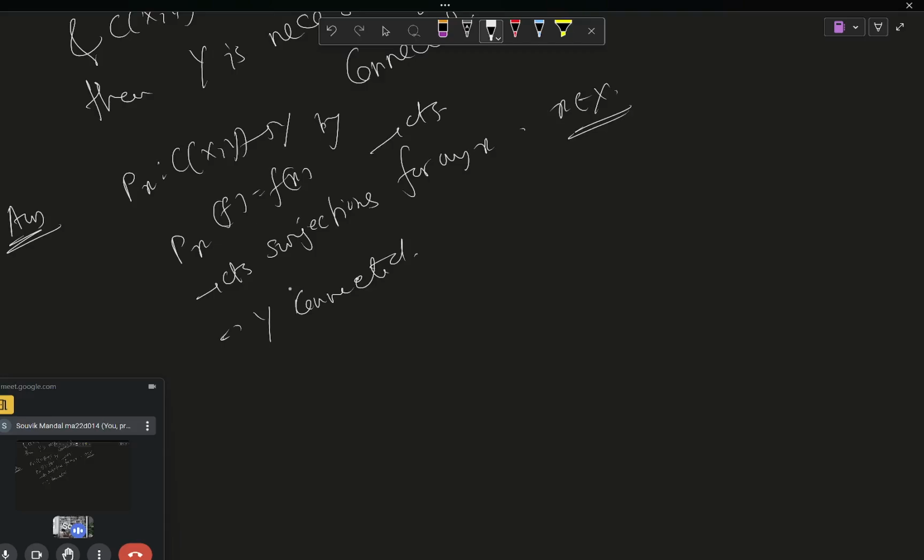So the continuous image of a connected space is connected, such that the map p_x from C(X,Y) to Y is surjective. So that's all the problem is. Basically, C(X,Y) is connected, so we need to construct a map from C(X,Y) to Y which is surjective and continuous. Then you are done.